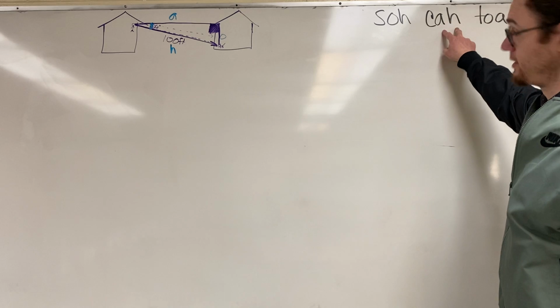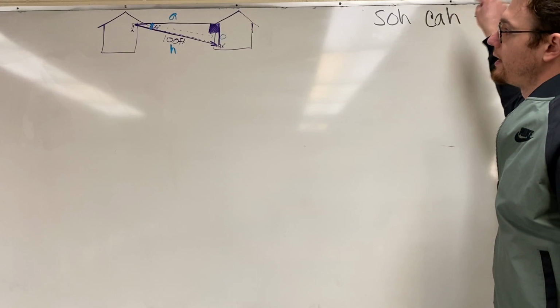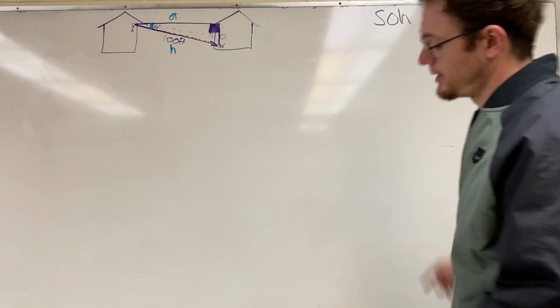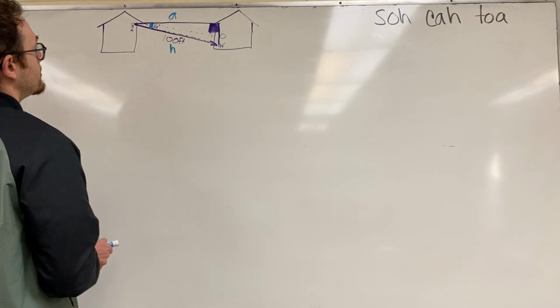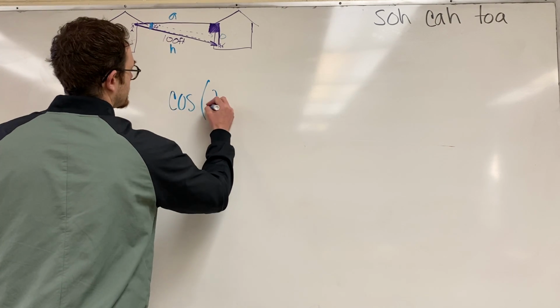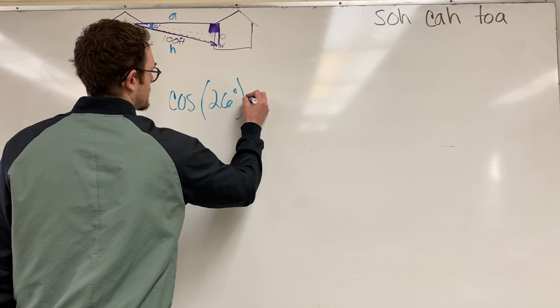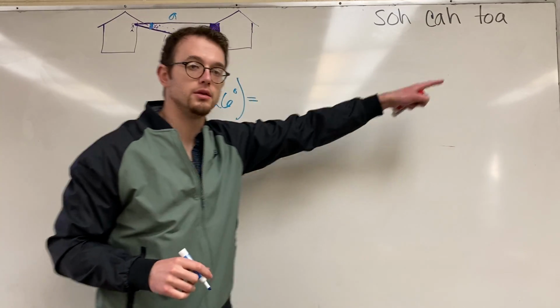We're going to use cosine because we have adjacent and hypotenuse. Co. All right. So I'm going to set up the cosine of 26 degrees equals adjacent over hypotenuse.